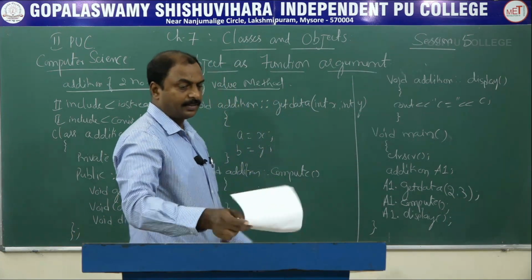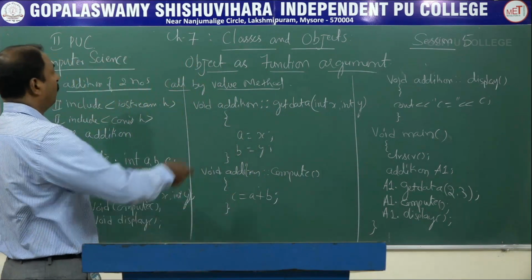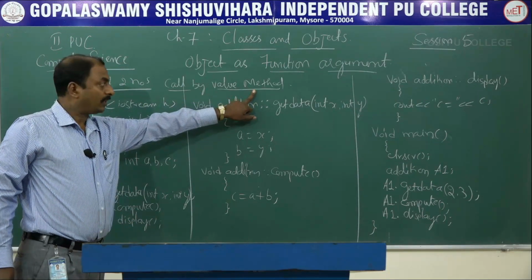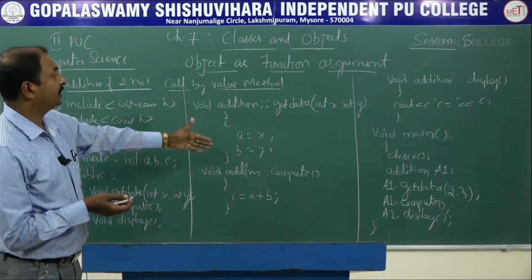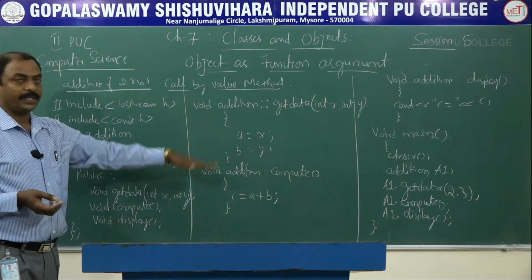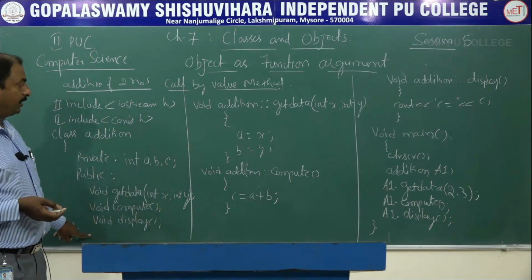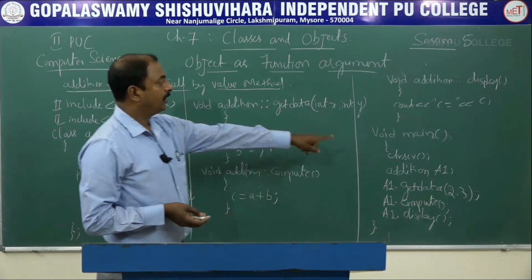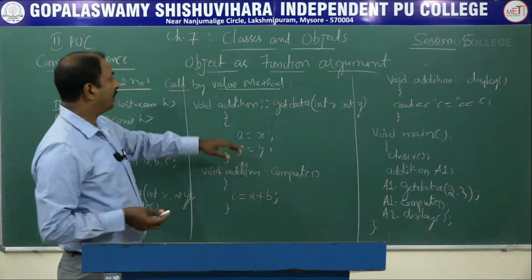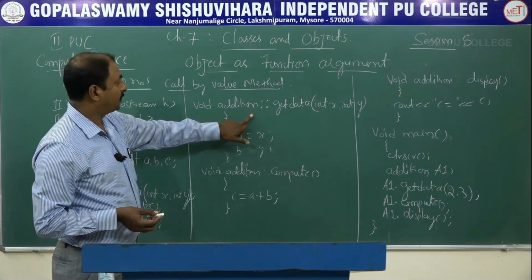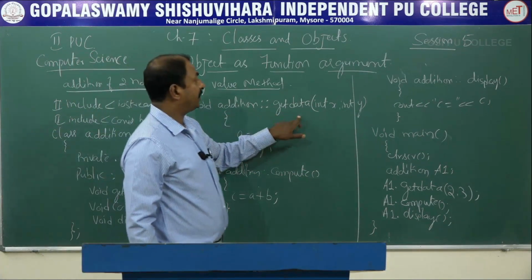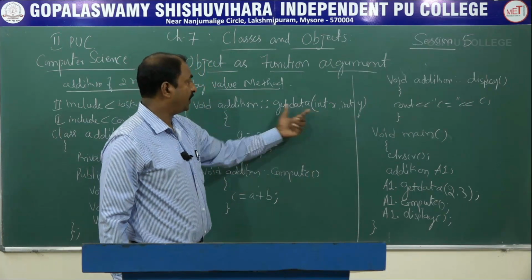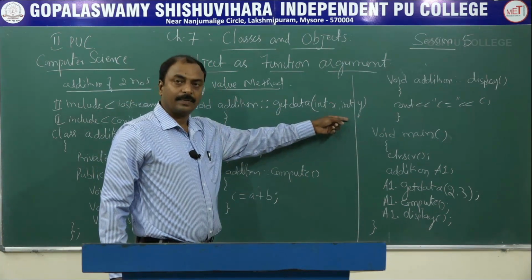So students, this is an example program for the call by value method, and here I would like you to observe the only difference: this program is based on classes and objects, class definitions and function definitions and an object. Here, observe this function addition, here get data, and here a parameter. So this function get data has a parameter.